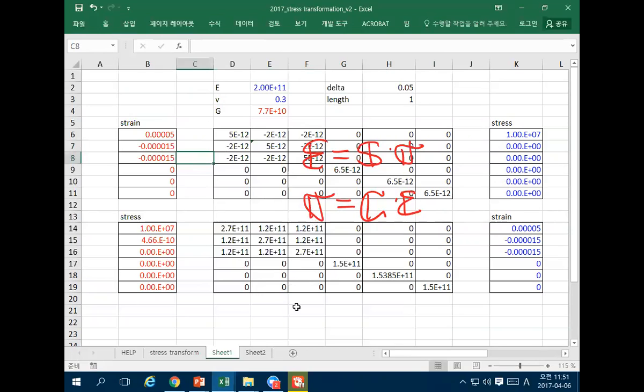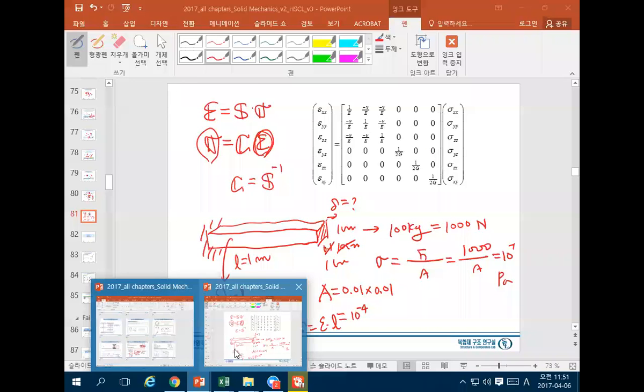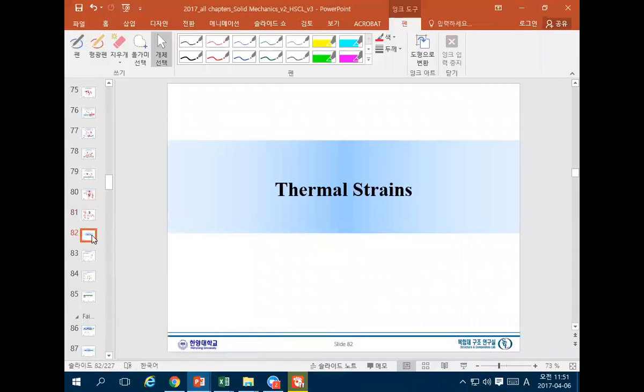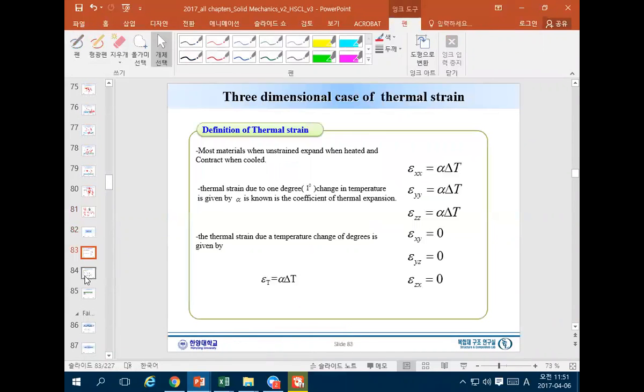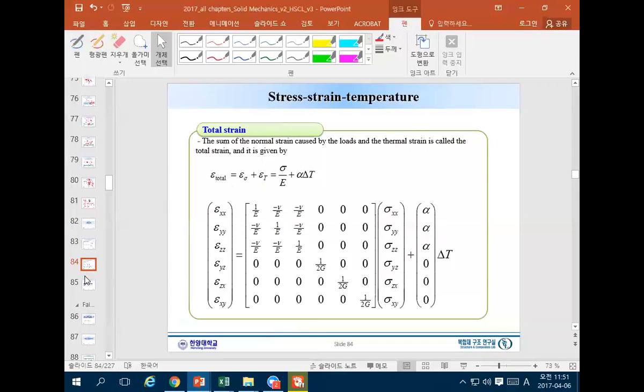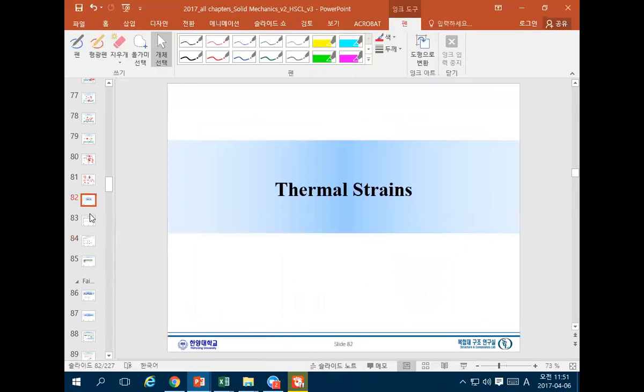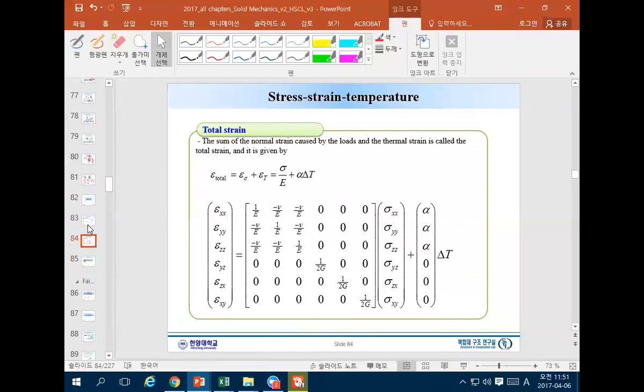And imagine that there is another term called thermal strain. Thermal strain이 뭐냐?